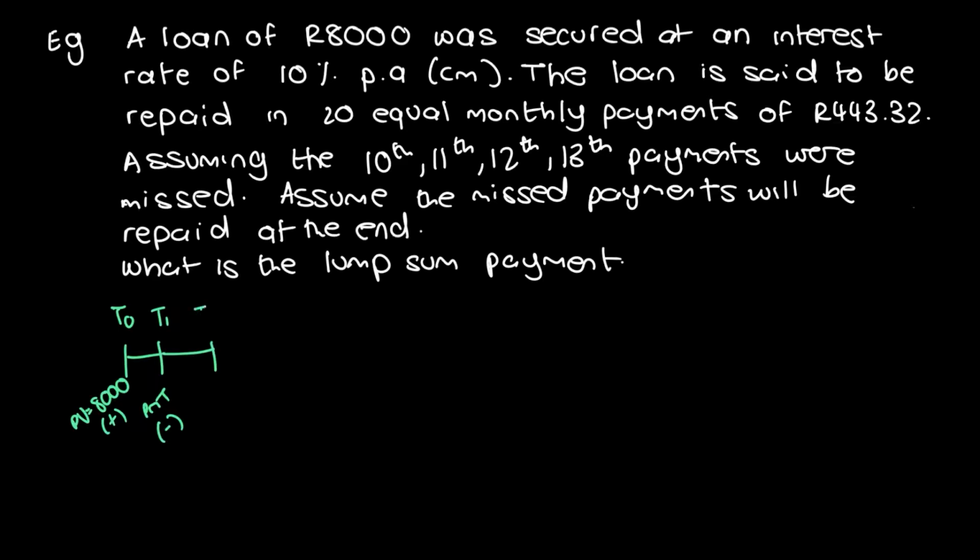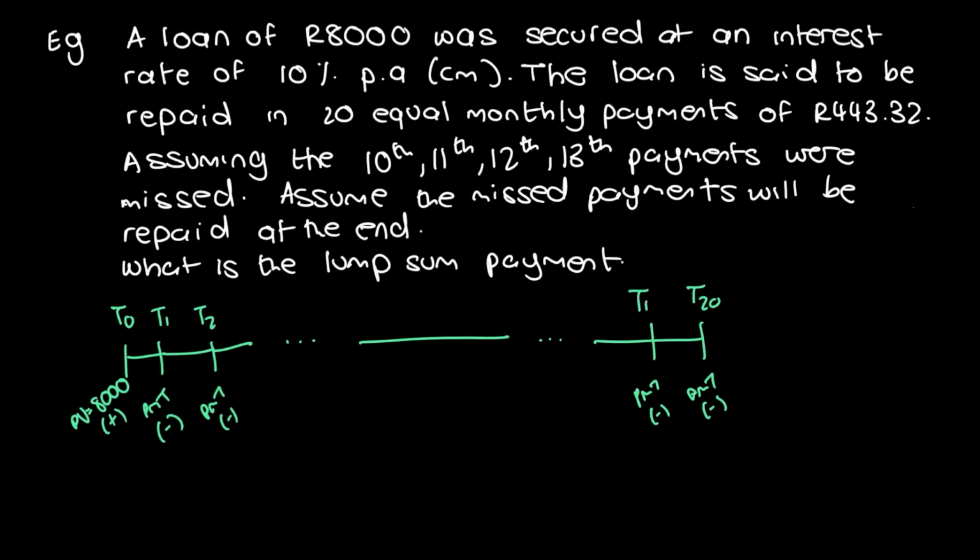At T2, we have the same kind of thing happening, the payment, which is negative, and this is going to continue all the way through to T20, where we have a payment, and it's negative, and the one before, just for consistency's sake, it's negative at T19.